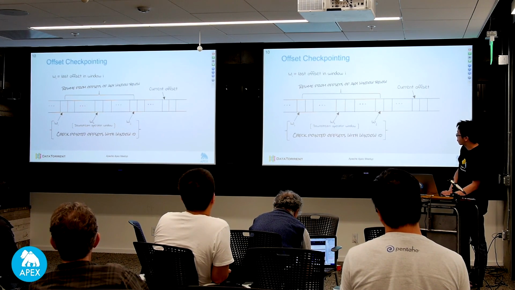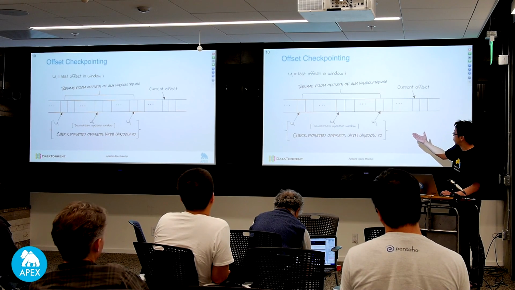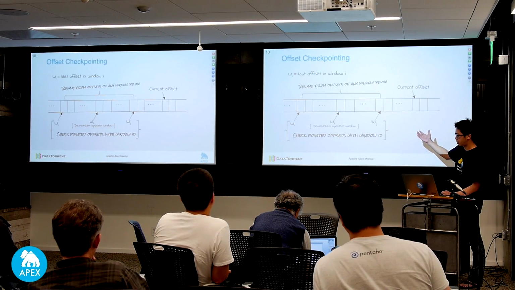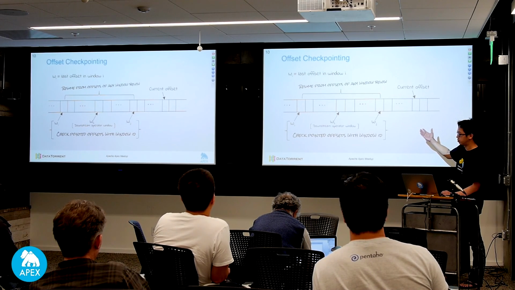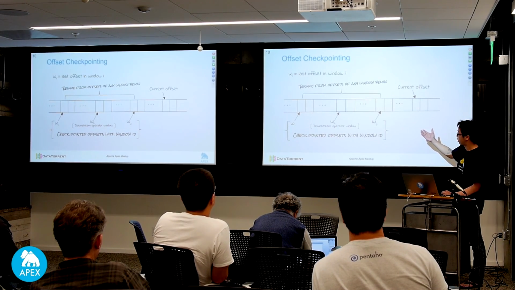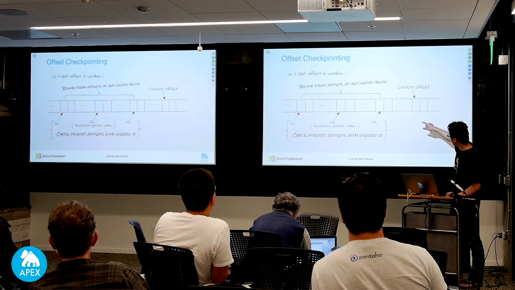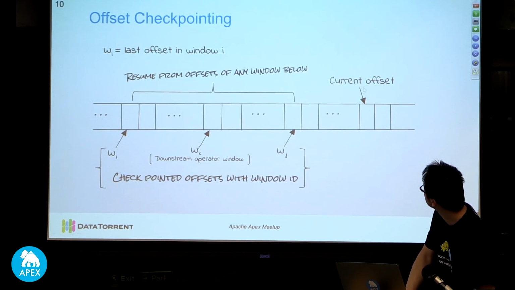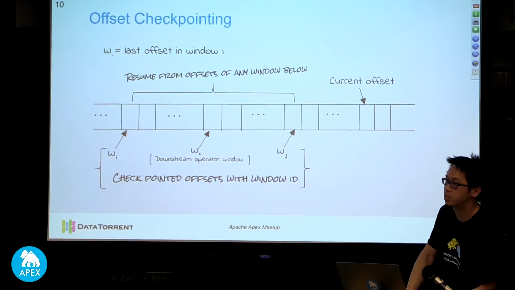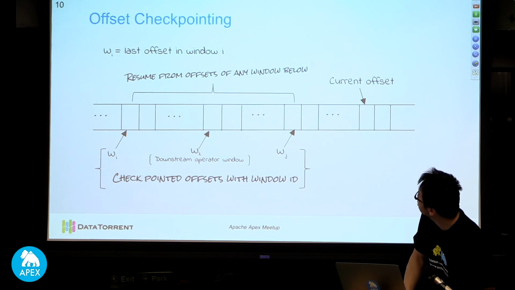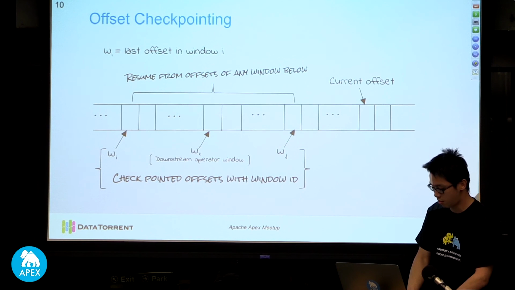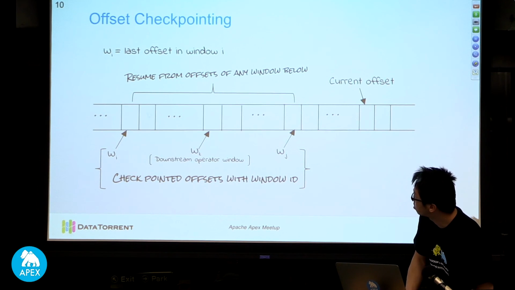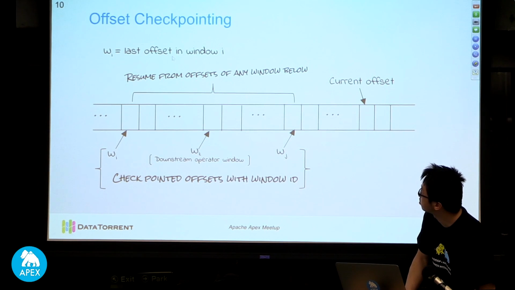Let's assume this is a Kafka input operator consuming data from Kafka. At this time, the Kafka input operator is at this offset, reading data from this offset. And in the memory of this Kafka input operator, it also keeps the history of window IDs with the last offset for each window.